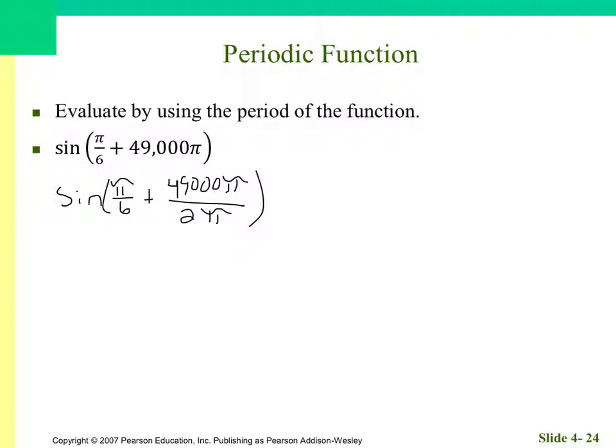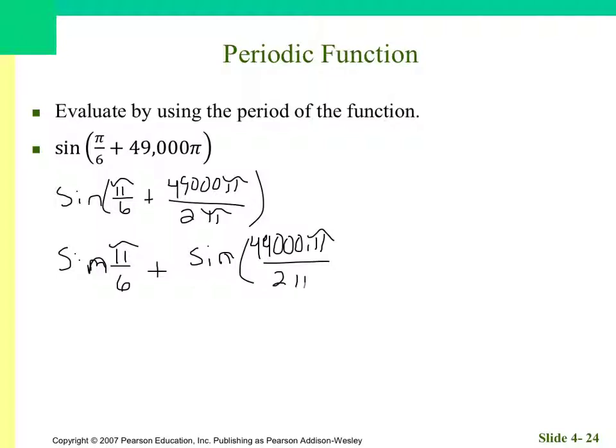So let's think about it this way. We have sine of pi over 6 plus the sine of this, but I know the sine of 2 pi equals 0.